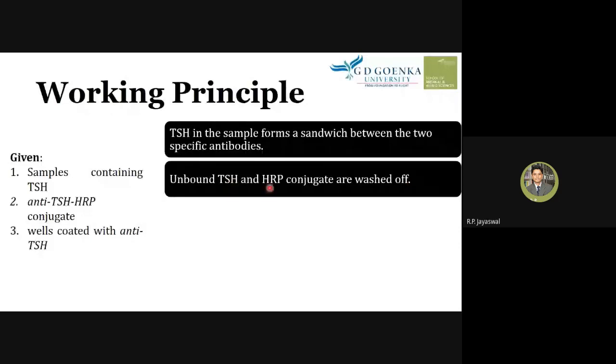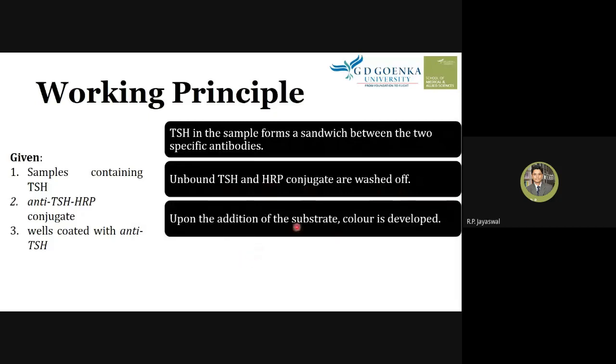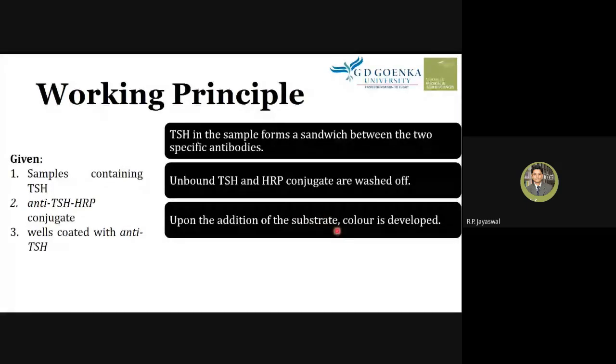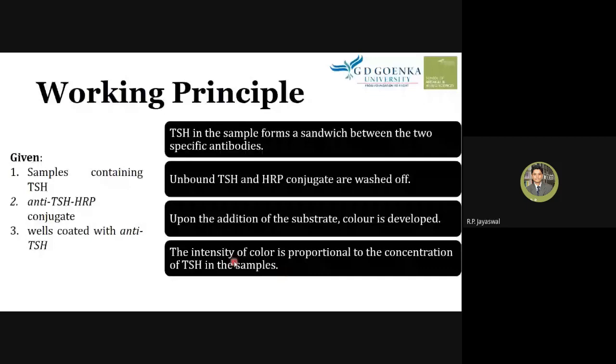Upon the addition of substrate, which is specific to the HRP enzyme, horseradish peroxidase, the substrate acts on the HRP and color is developed. The intensity of color is proportional to the concentration of TSH in the sample. So the more the color intensity, the more the TSH concentration in the sample.